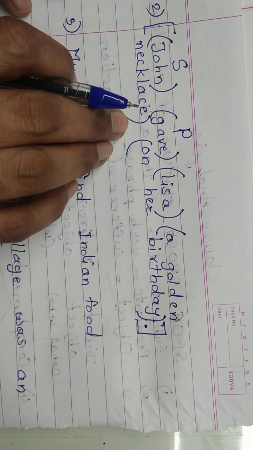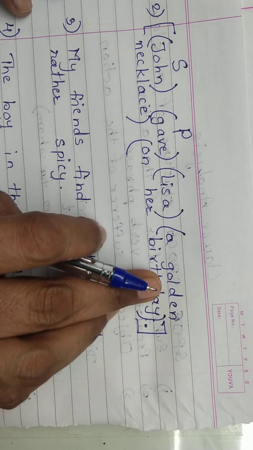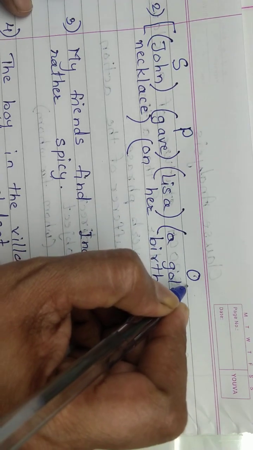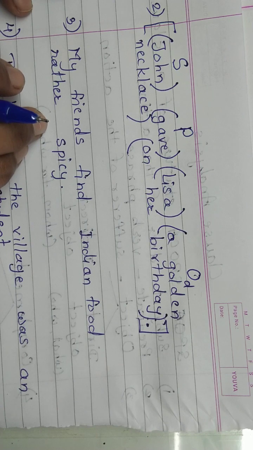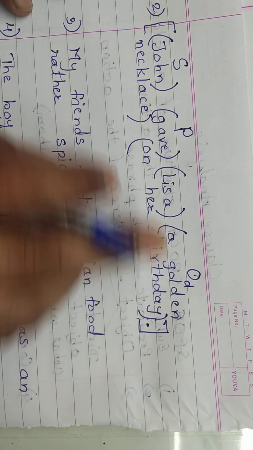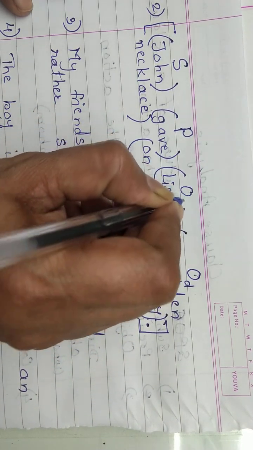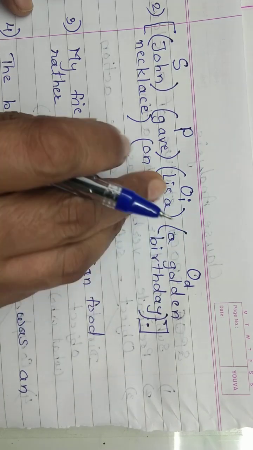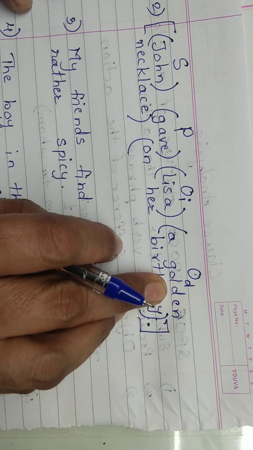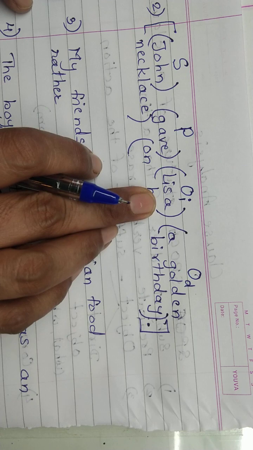What did he give? A golden necklace. It's an object which is direct. Whom did he give it to? Lisa. Object indirect. We have to write it this way, OI, OD.